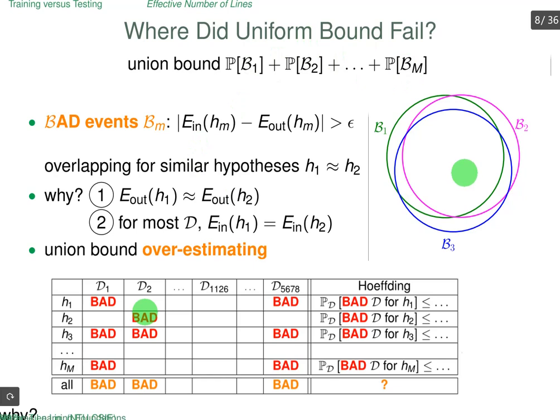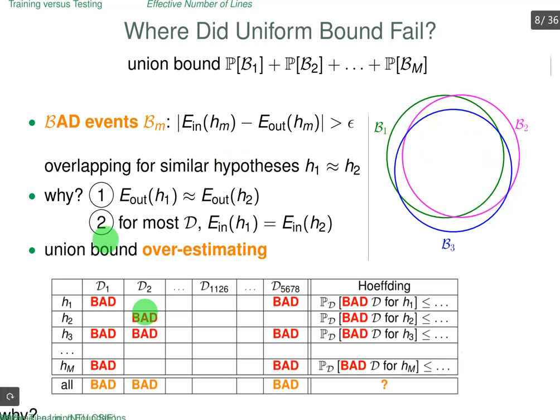Also, if we consider the Venn diagram of these bad events, we see there is a lot of overlapping region. That means most of the hypotheses in this region will be similar, or they will be equal.